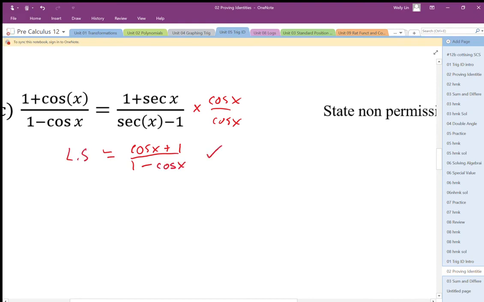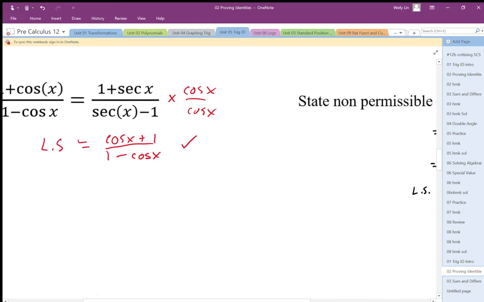That's a one-step solution. I also notice here that I didn't state the non-permissible values to start with, so I should really state those at the beginning, but I'm going to state those now. So non-permissible values are when cos x equals 0. Okay, because we can't have the denominator equal to 0 here.